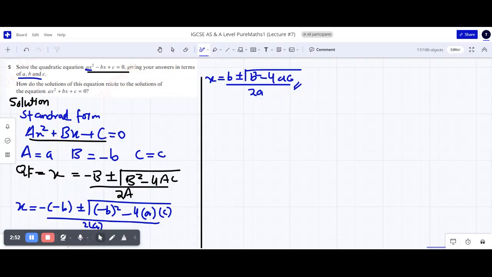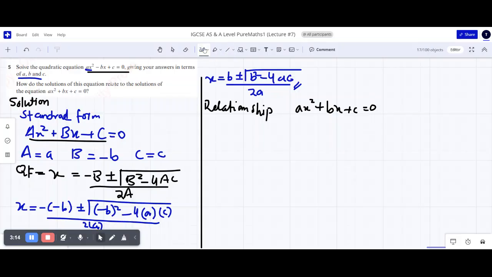The second part, we have to relate both. The relationship to the solution of ax squared plus bx plus c equals 0.